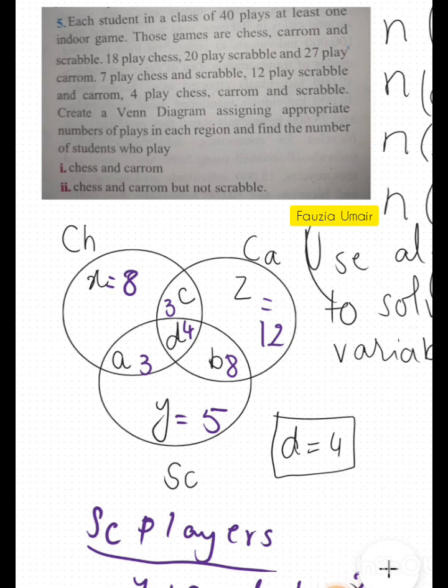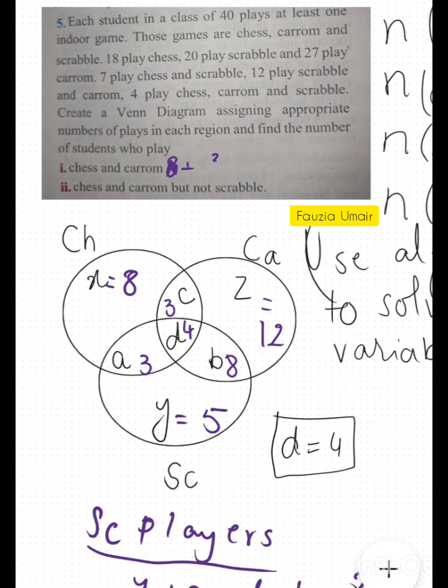One is that how many players can play chess and carom. So chess and carom, you can see the players or the students who can play both chess and carom are C plus D. So you need to write down 3 plus 4, sorry, it's my bad, not 8, it is 3 plus 4.